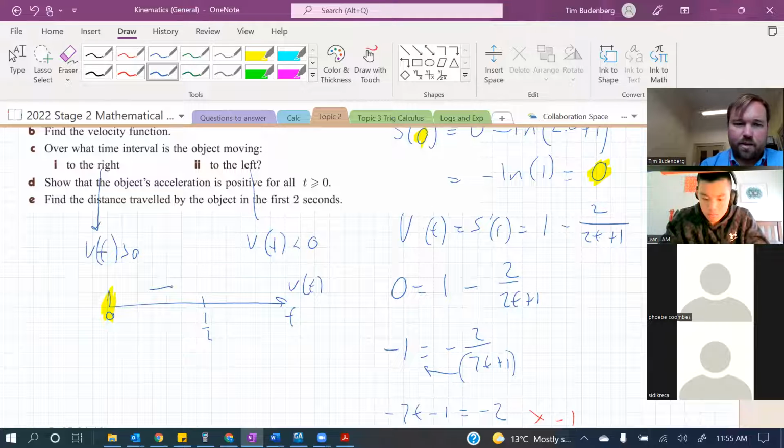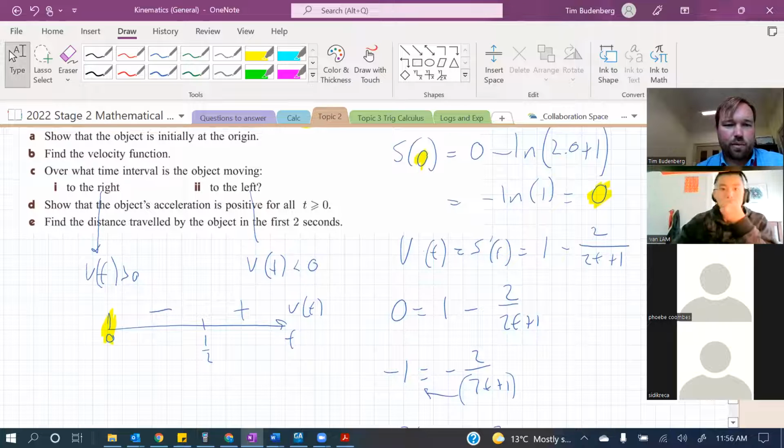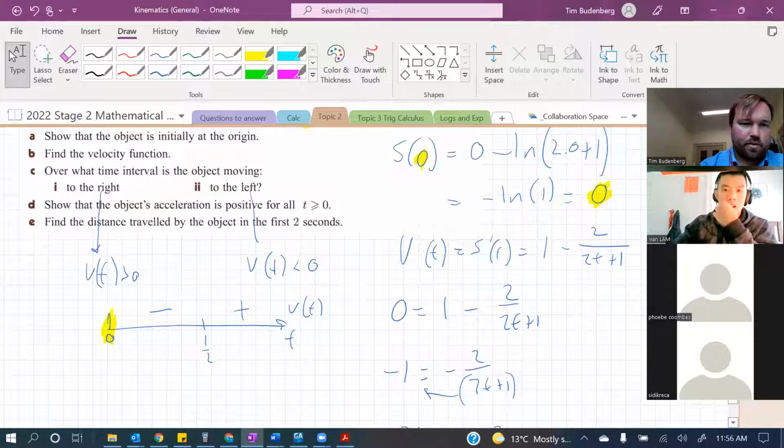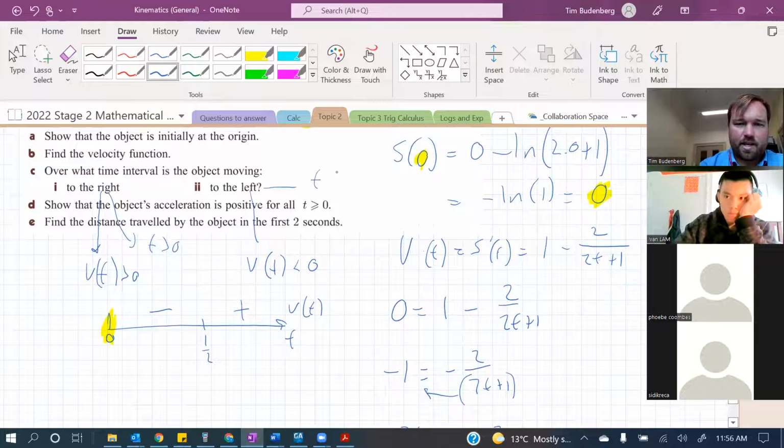And then this side will be positive. So our interval when it's moving to the right is when t is greater than 0. And it's moving to the left when t is greater than, what am I talking about?